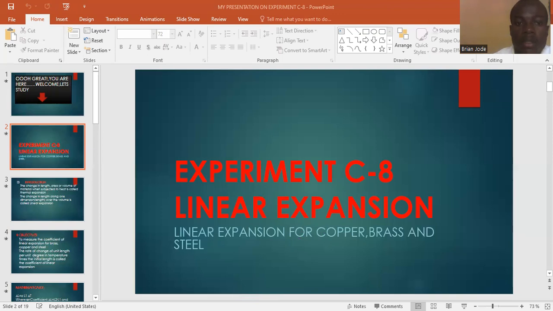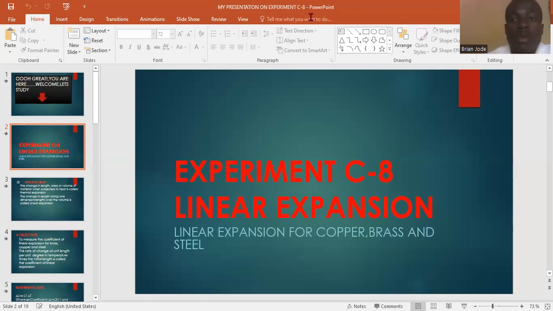So today our interest is to determine or measure the expansion coefficient of these metal rods. We are going to start by looking at the procedures needed to set up this experiment, and also the kind of apparatus that is needed for this experiment.